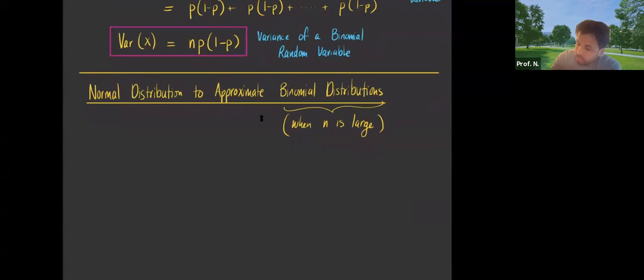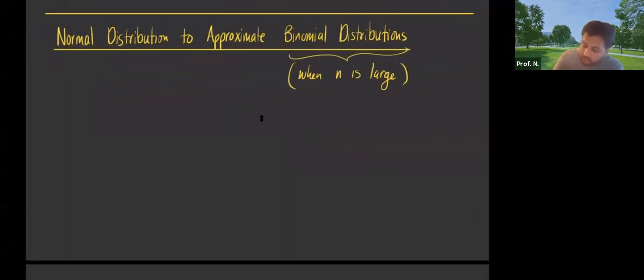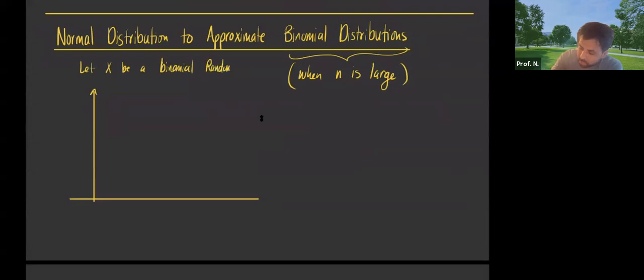So if you recall what binomial distributions look like, if you were to look at the probability mass function, let x be a binomial random variable with parameters n and p, and we're going to make n large.